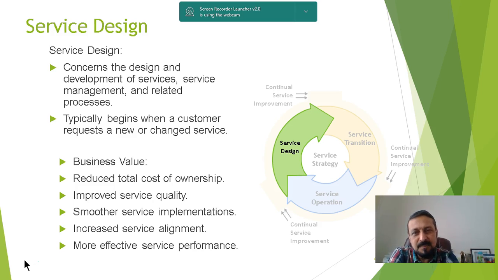From a business value perspective for this phase, there is reduced total cost of ownership, improved service quality, smoother service implementations, increased service alignment, and more effective service performance. Those are the aspects that you are looking at in the service design phase.